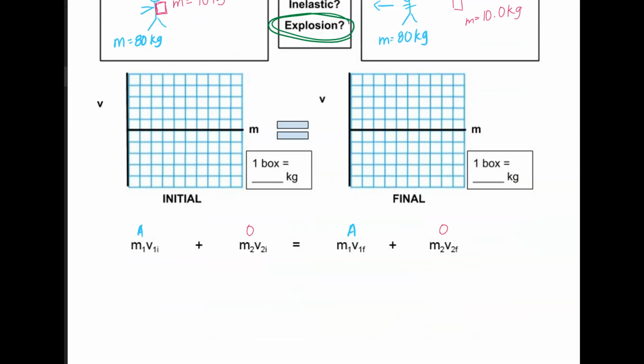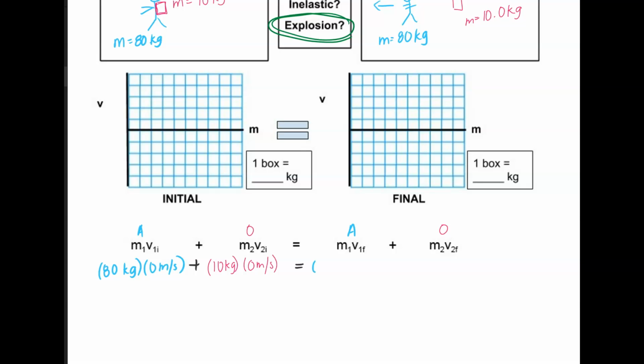The mass of the astronaut is 80 kilograms, and it's moving at 0 meters per second. Plus, and equal. The oxygen tank's mass is 10 kilograms. It's also moving at 0 meters per second.